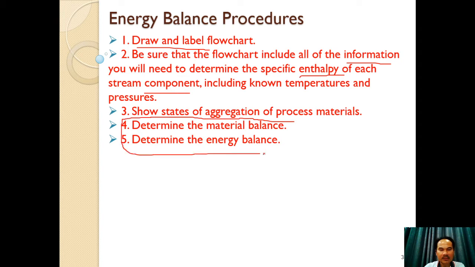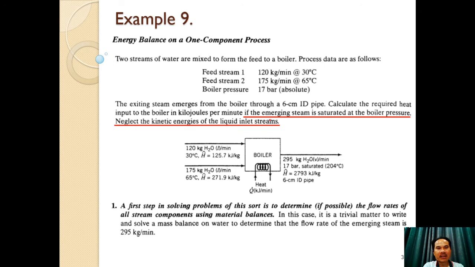That's right, because the first term in the energy in and energy out is due to the flow, the input and output of the stream, and you have to balance the mass also in the first step. For example, the energy balance on a one-component process. We have two streams of water mixed to form the feed to a boiler. Process data are as follows.